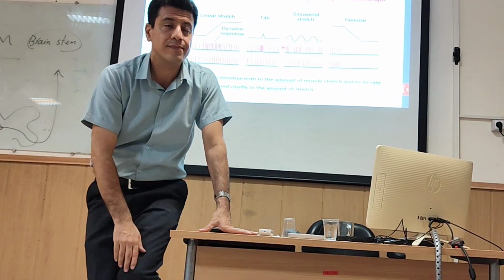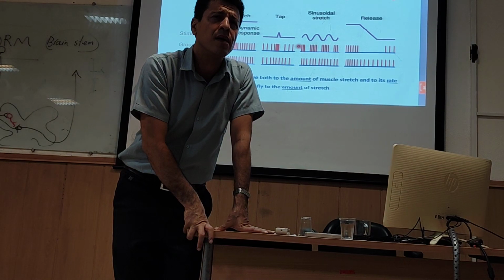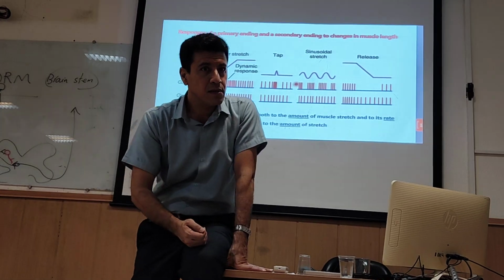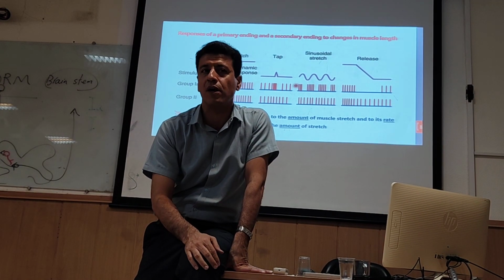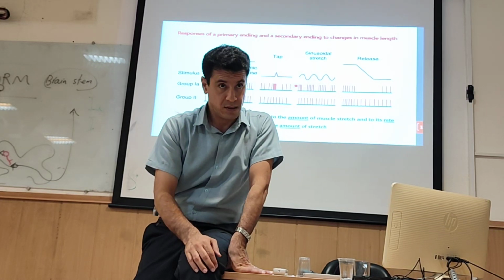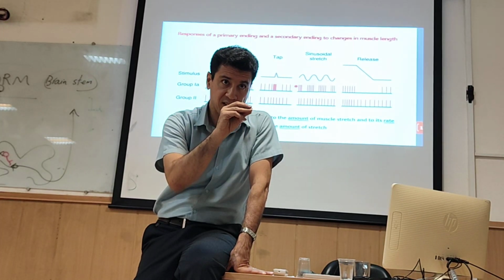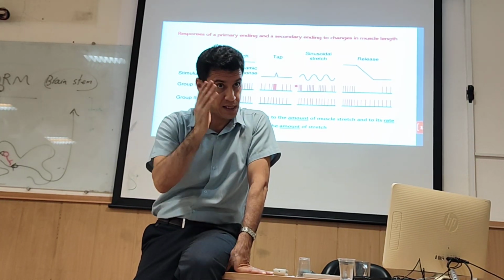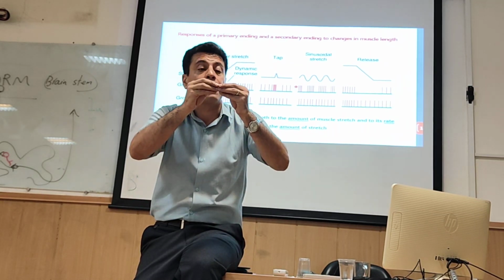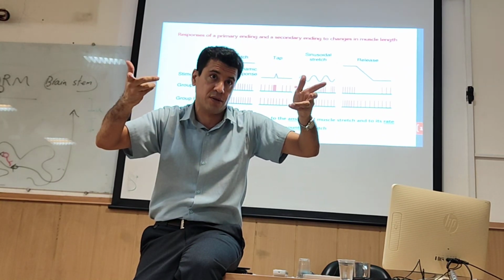So when we activate the 1A fiber, it will activate the nuclear bag and nuclear chain. So with a tap, you mean? Yeah. It only activates the nuclear bag fiber. It doesn't activate the nuclear chain. Why? I told you, because chain fibers are only activated when you have a static response. Static responses are actually made when you have continuous or constant stretch.